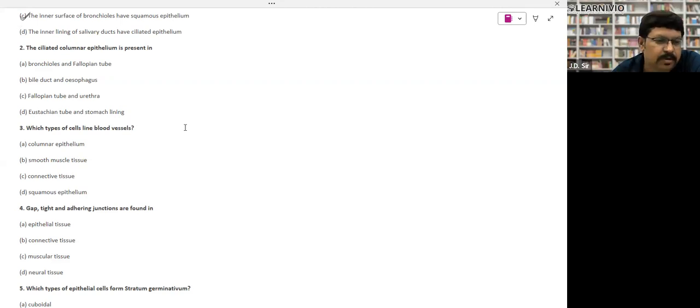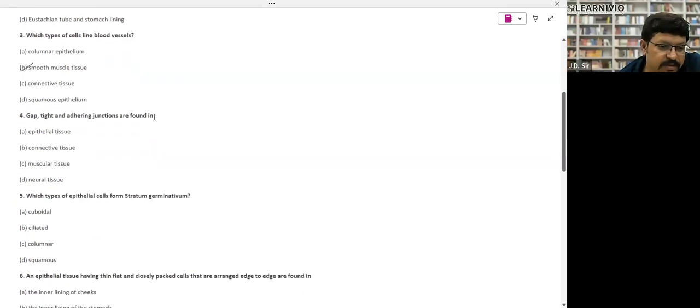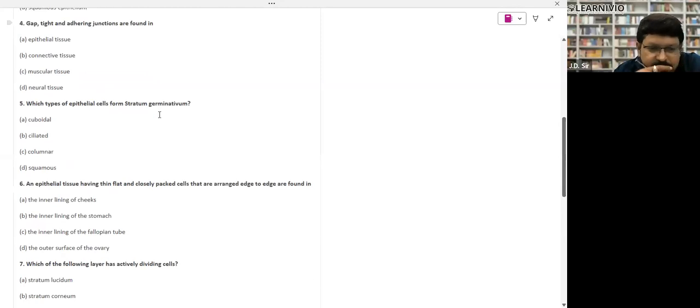A? Okay, as per you. And for this one, okay. Third. B? Then leave this fourth one. Fifth one, tell me. Stratum germinativum. Try to understand: stratum means layer, germ layer.